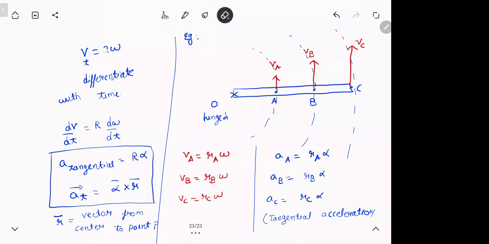I think I should have just kept smaller only here. The same thing. Clear? Next thing.